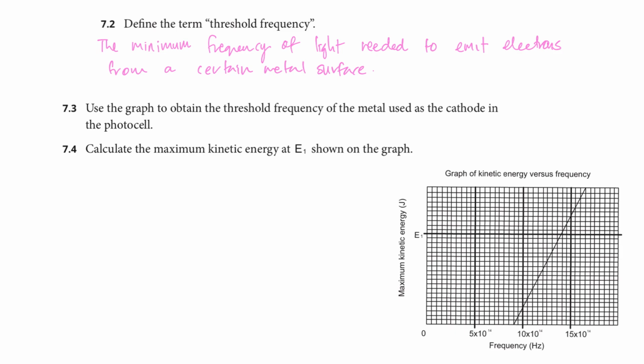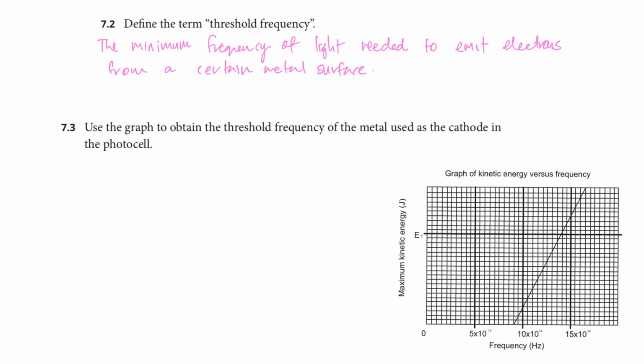Right, question 7.3. It says use the graph to obtain the threshold frequency of the metal used in the cathode in the photocell. So we understand now that the threshold frequency is the x-intercept. This corresponds to an electron which is set free from the metal surface with 0 kinetic energy.